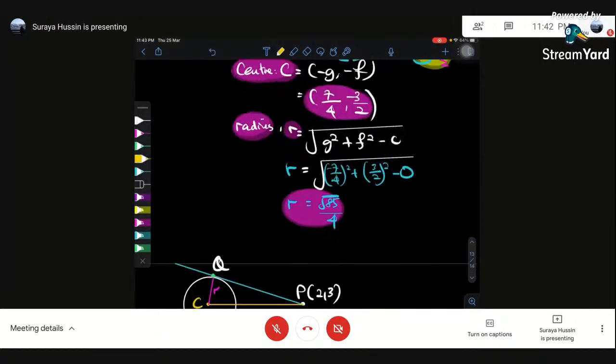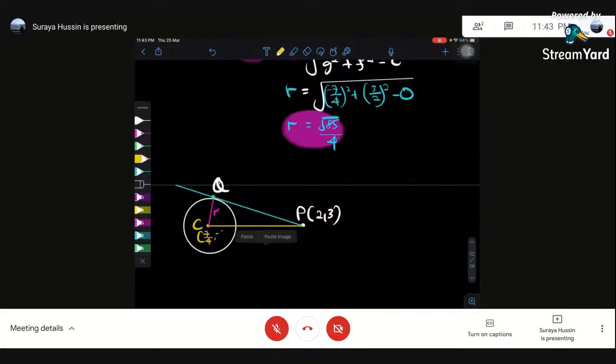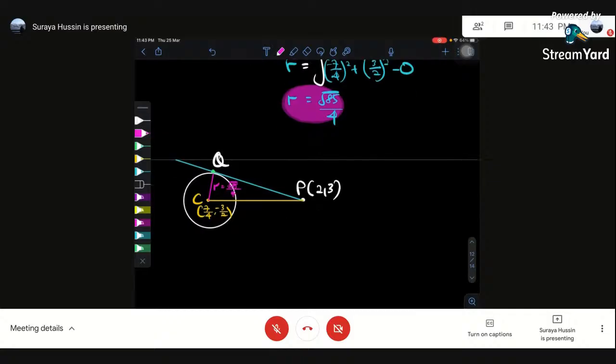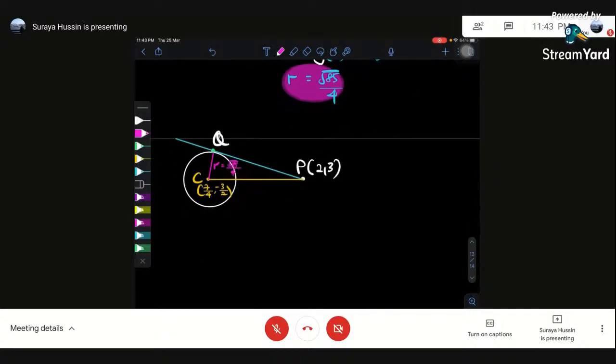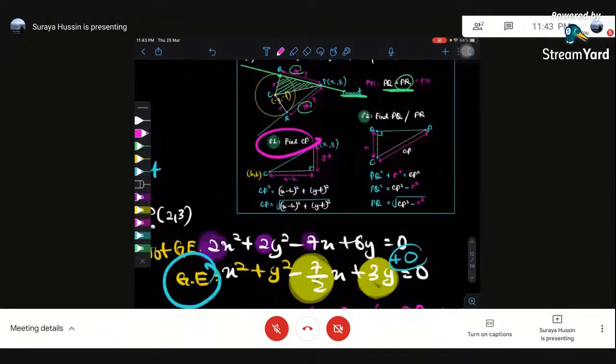Our C is actually equals to 7/4, negative 3/2. Our radius is equals to square root of 85/4. Saya label sebab sekarang ni tugas saya adalah mencari find CP. Can you see that? Step 1 is find the CP.